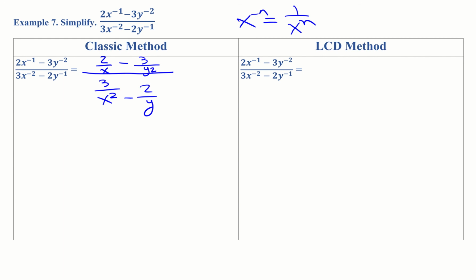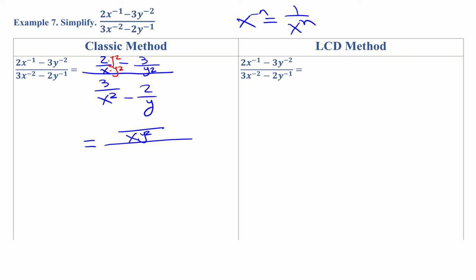Now, up on top here, the LCD is xy squared, so we're going to have xy squared as the common denominator. How do we turn x into xy squared? We multiply by y squared, right? And of course, we have to do the same on the top to make sure everything stays balanced.